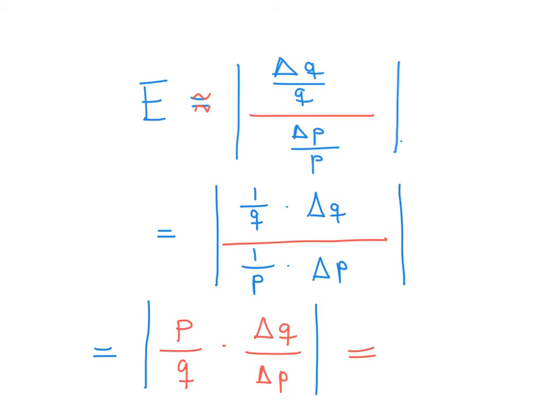So now E is actually equal to, if we take the limit that we usually take when we do derivatives, we let the changes get infinitely small. So we just replace this by P over Q, so the previous one, times dq over dp.